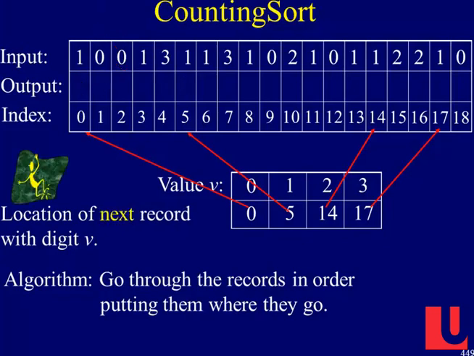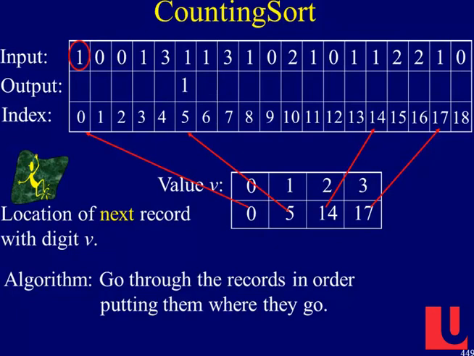So instead, we're going to get a new loop invariant. The loop invariant says these values are the location where the next time you see that value, it is going to go. Right? So let's start over. We get a 1. It goes there.